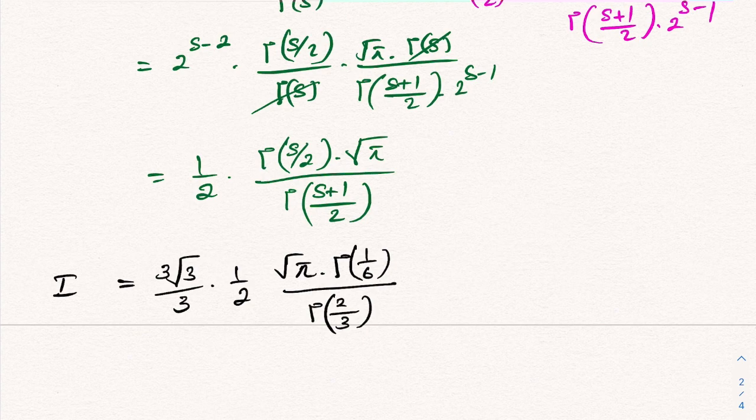Okay, now we have gamma of 1 over 6 and gamma of 2 over 3.